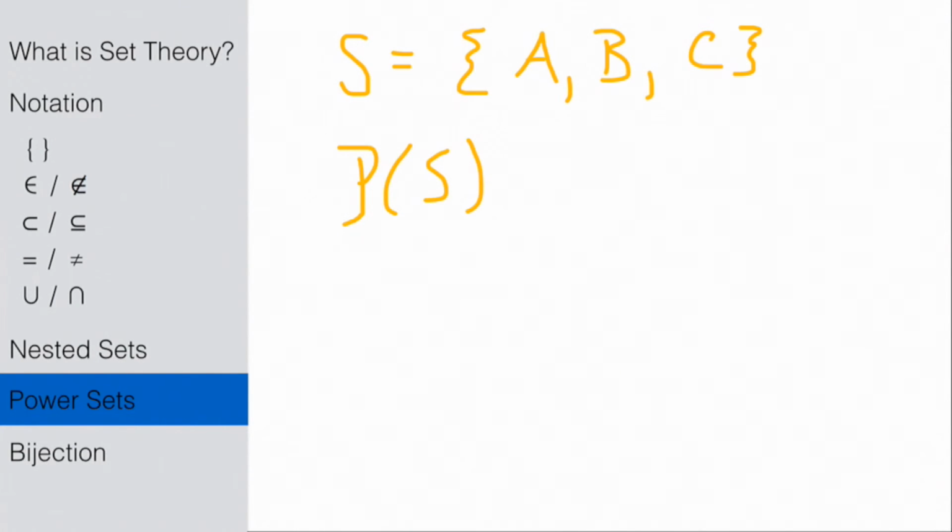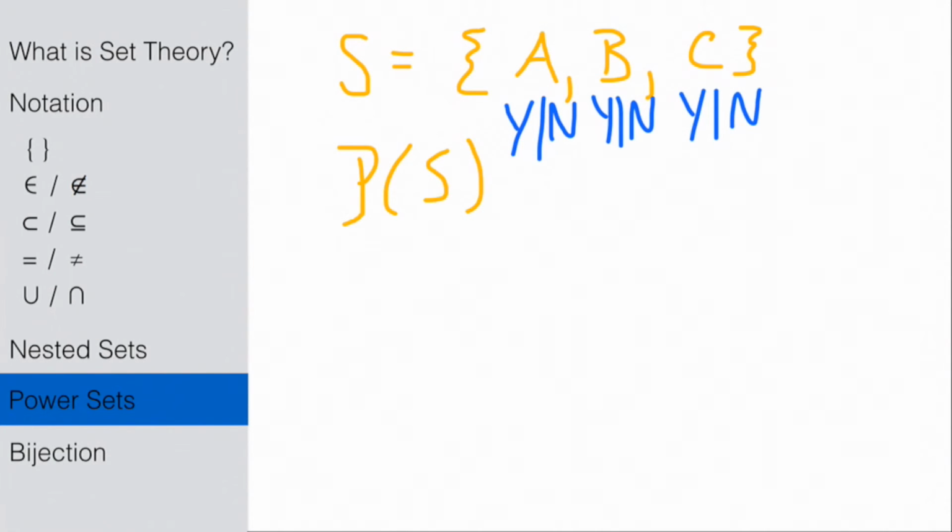Now I want to talk about how we can figure out the size of the power set of S if we know the size of S. Remember, when we were generating all those subsets for the power set, basically each time we were asking the question, should we include A, yes or no? Should we include B, yes or no? And should we include C, yes or no? Which is a binary question.